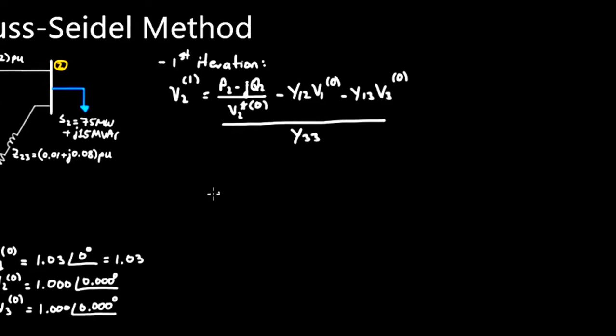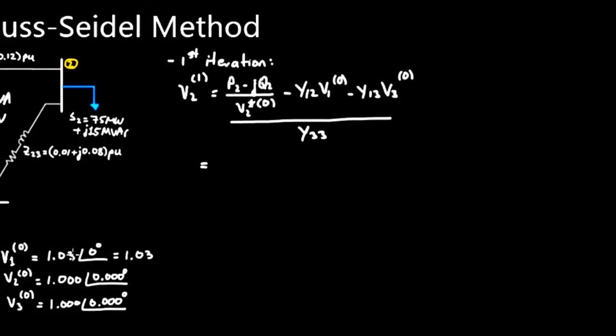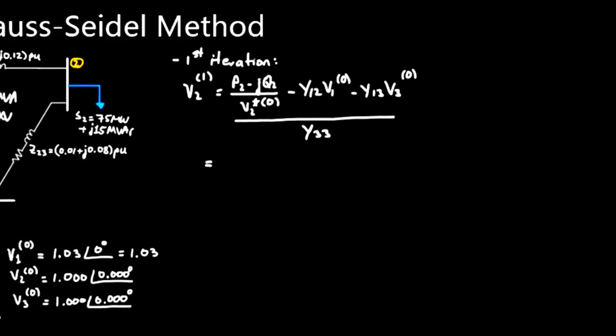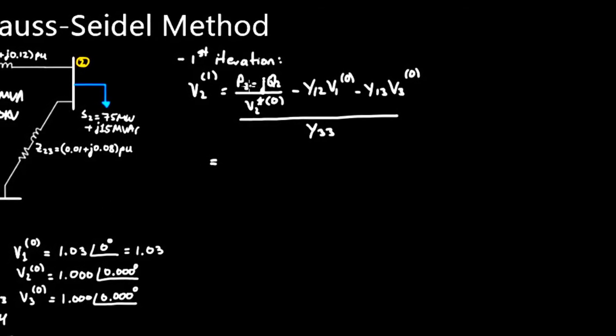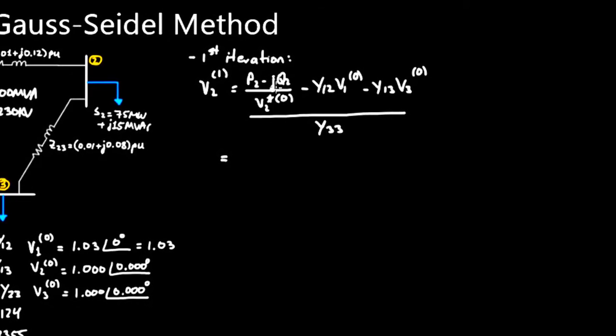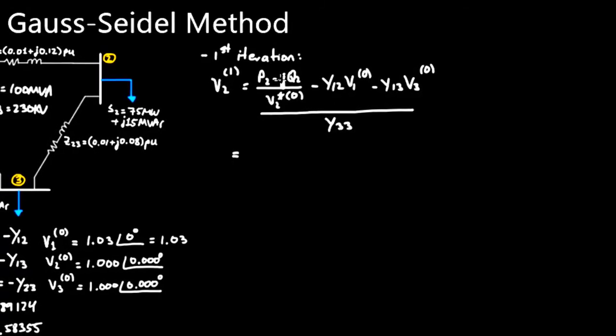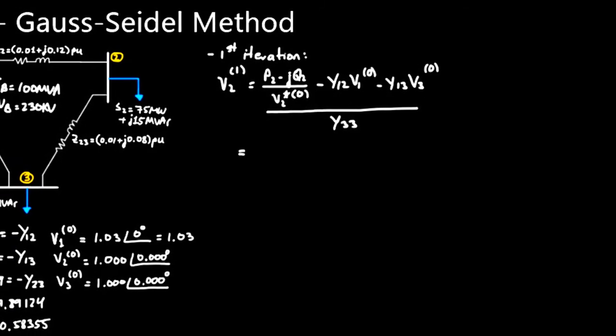And so now we can go ahead and plug in the numbers. So P2 is going to be over here, so minus 0.75. And notice here that I have P2 minus jQ2, not plus jQ2. So P2 is minus 0.75, but minus Q2 is going to be the opposite of this.